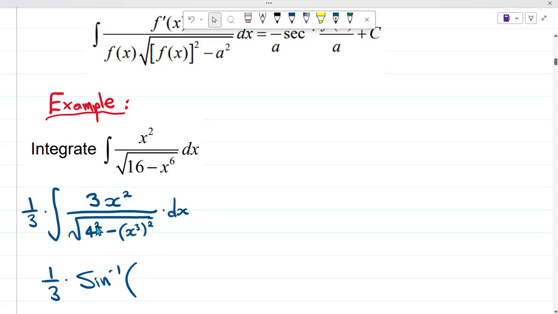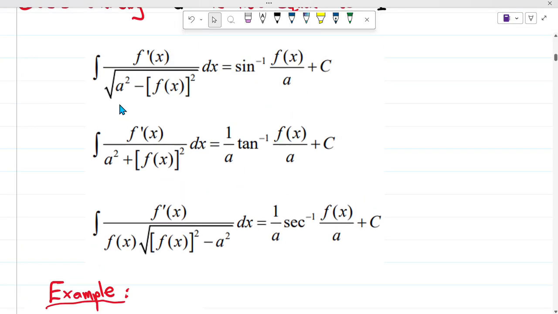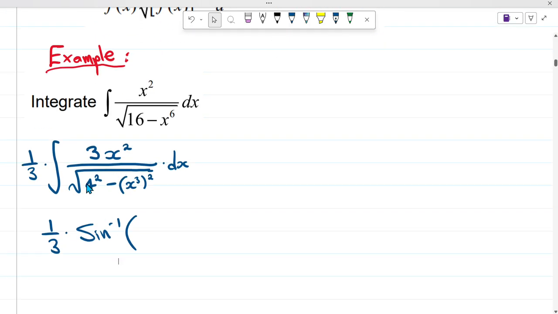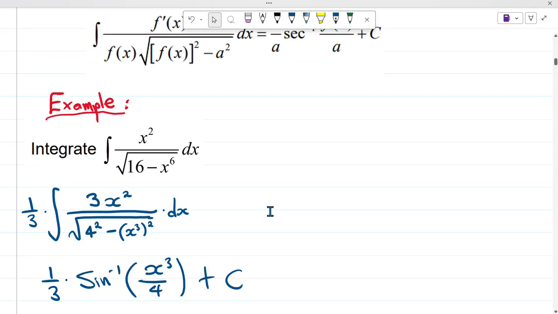Our a here is 4, because we must have a squared. So that's going to be x cubed over 4, plus c. And that will be it for that one. I hope you are seeing what's happening for now.